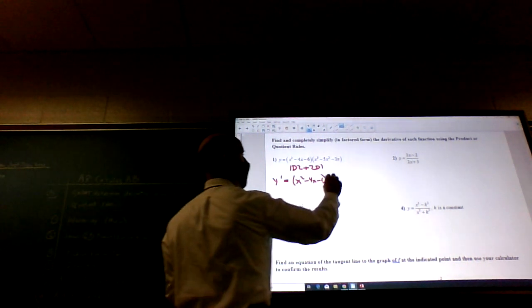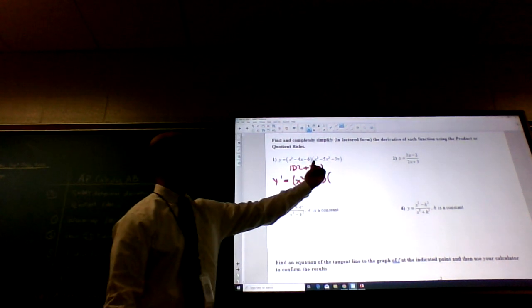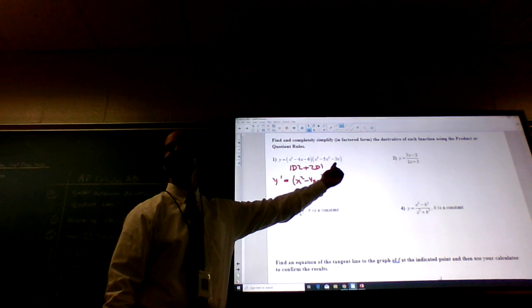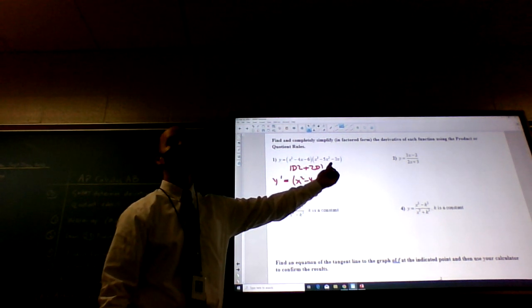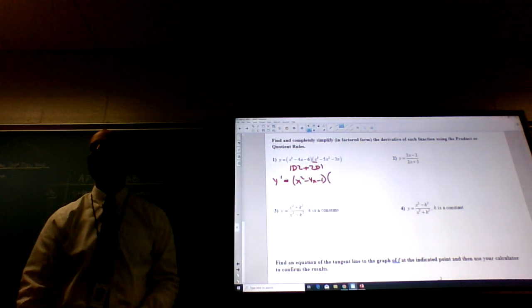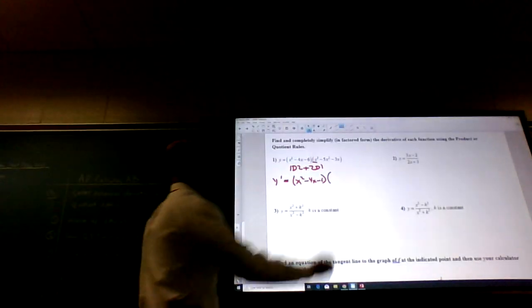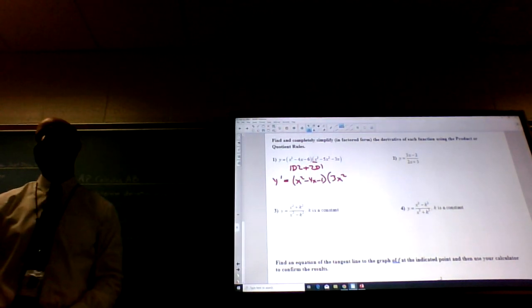What does d2 stand for? Derivative of 2, right? So now I'm going to use my derivative rules to find this derivative. Now, you may already know those, but I'm going to go through them real quick just to make sure we remember. Let's start with the first part. What is the derivative of x to the third using the power rule? Okay, 3x squared, I hear some of you say with confidence.